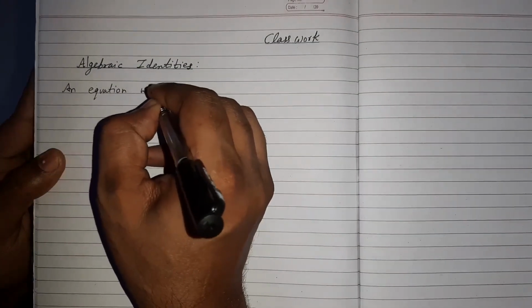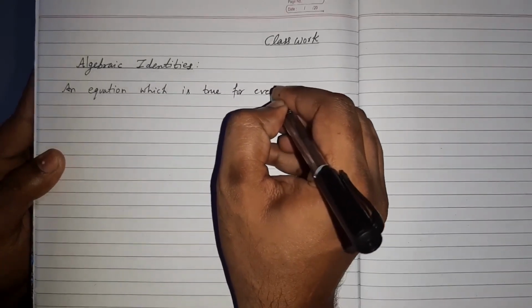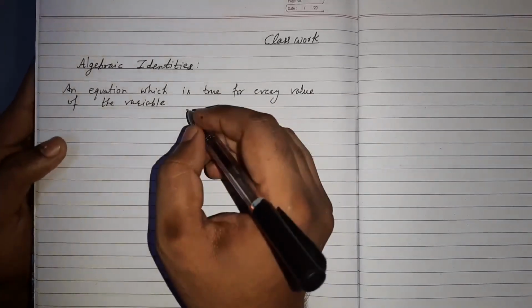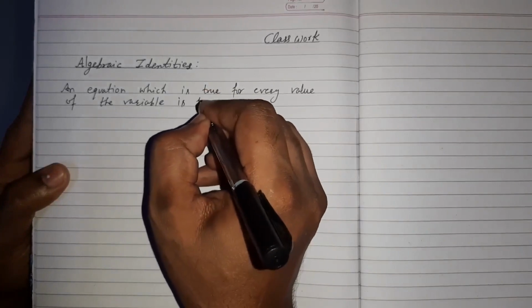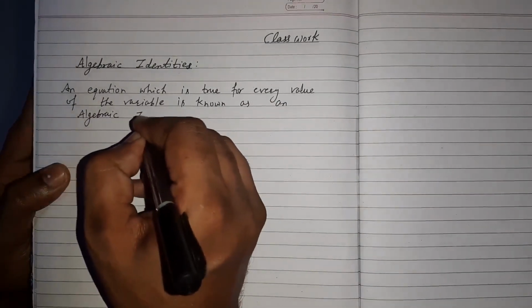An equation which is true for every value of the variable is known as an algebraic identity.